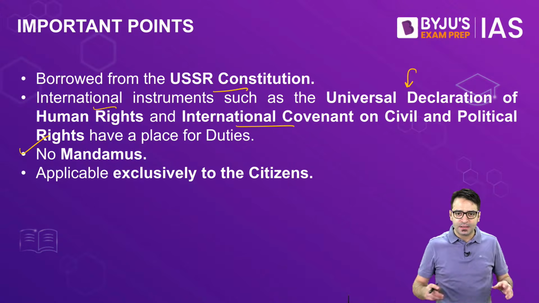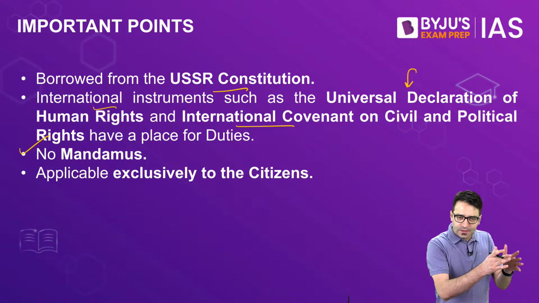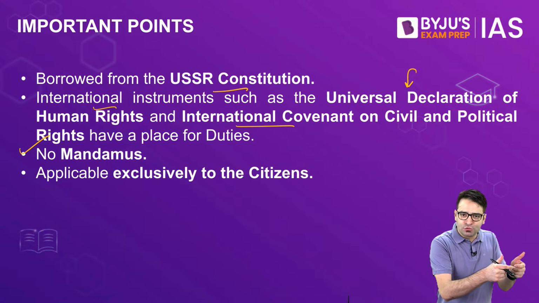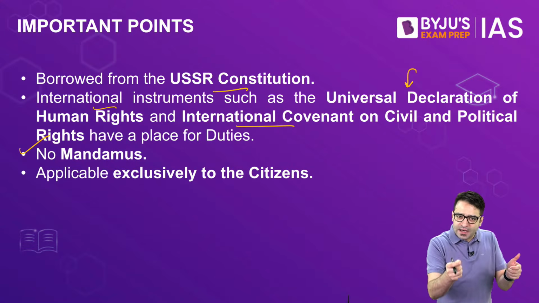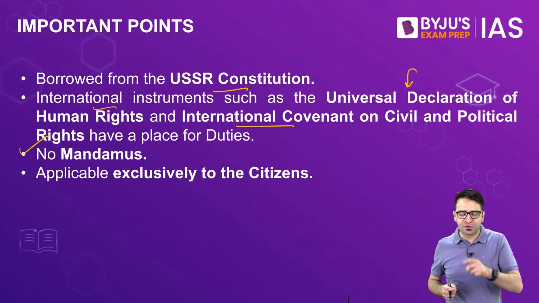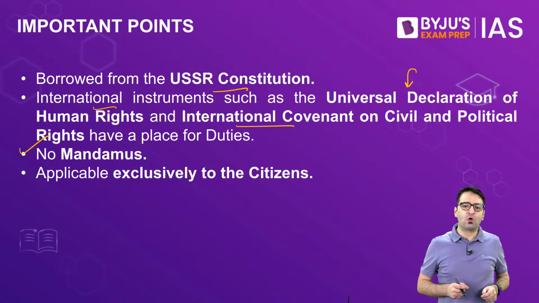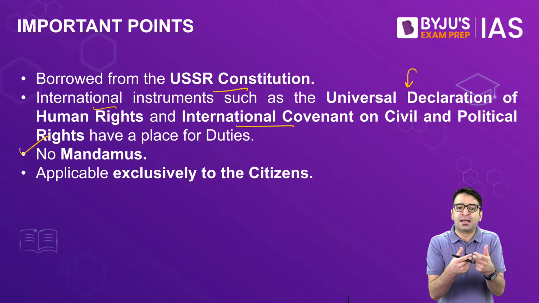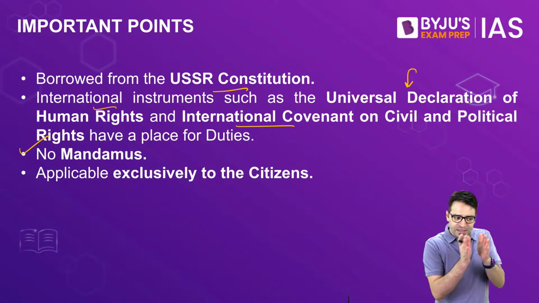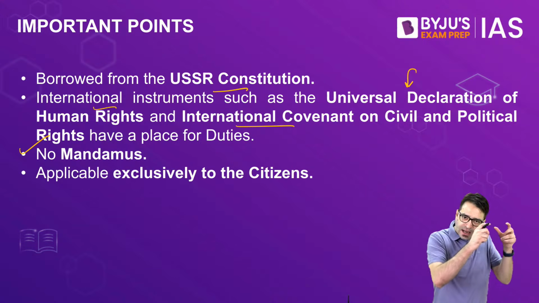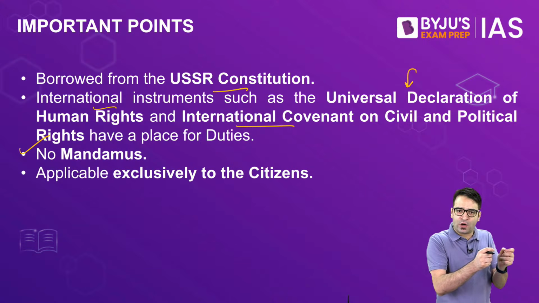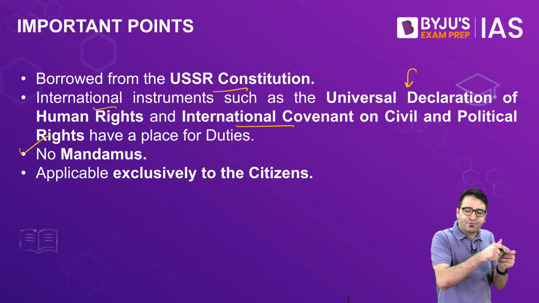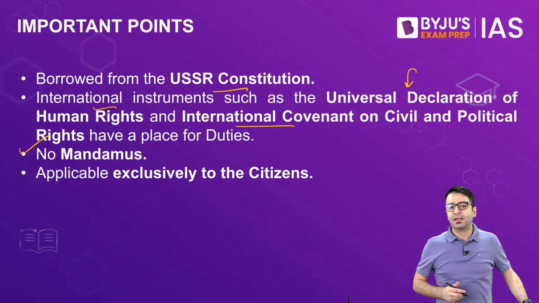What is mandamus? When a public body fails to perform its duty, thereby violates your fundamental rights, what is your option? You can approach the Supreme Court under Article 32. The Supreme Court will issue the writ of mandamus, because mandamus is issued against a government body, against a public body, if this public body has failed to perform its duty.